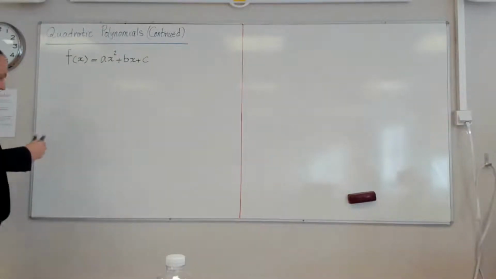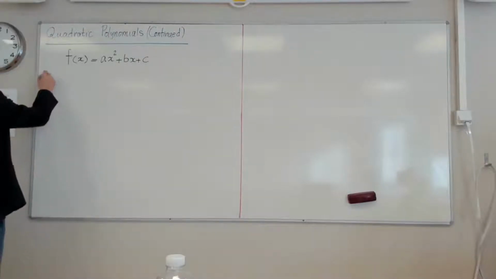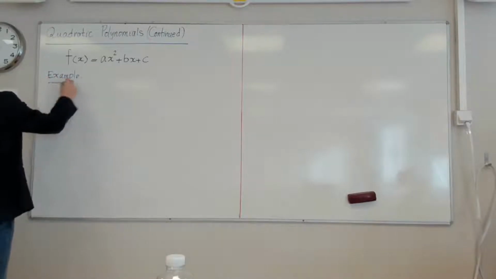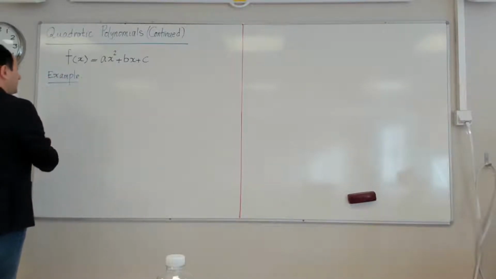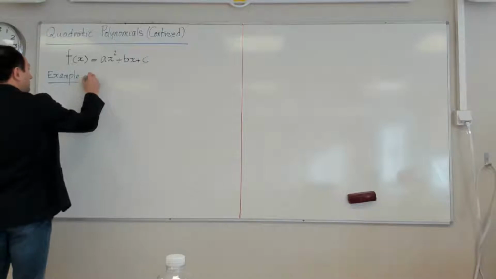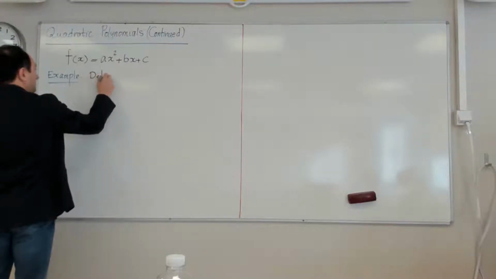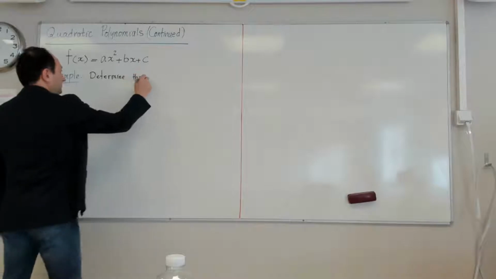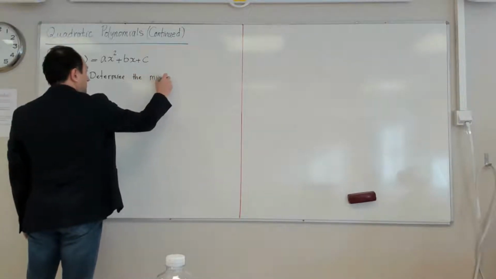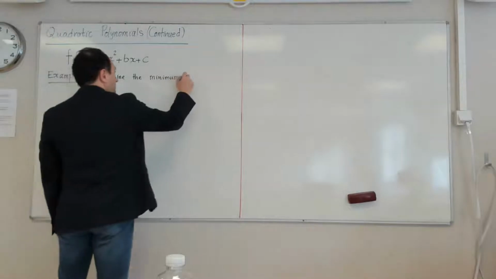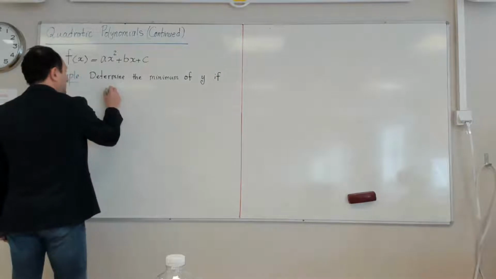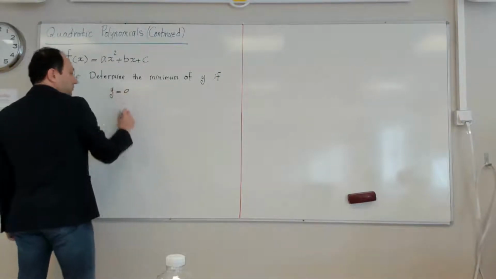As I start with this example, this is not something new. We learned everything yesterday. So, example: determine the minimum of y if y is equal to this expression, x squared.